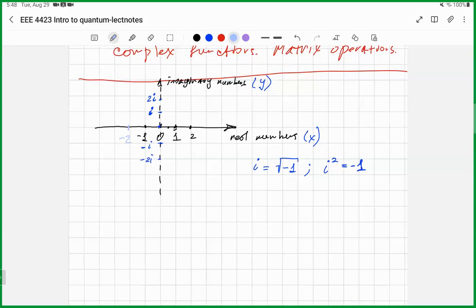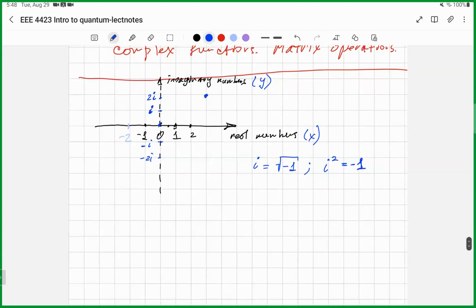And these complex numbers are denoted by points in this complex number plane. So for this point I can write z, which is a complex number, and it's equal to x plus iy. So it's basically the sum of a real number and an imaginary number.